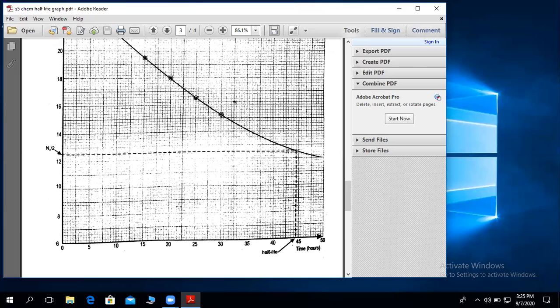If the half-life is constant, if when you use the 25 and 12.5, the time you got is the same as the time when you used, let's say, 20 and 10, then it means half-life is constant. If half-life is constant for the different times, it means that reaction is a first-order reaction.